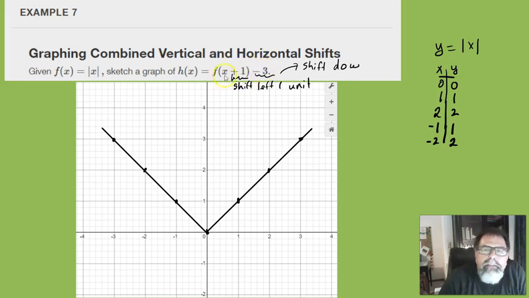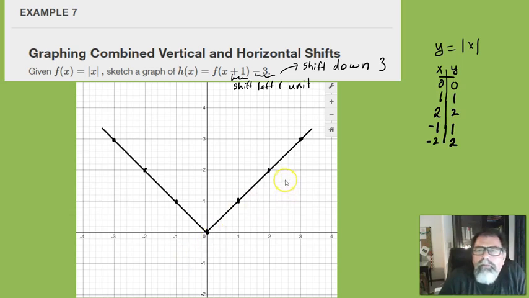So inside, it's acting on x, x is side to side. So that's the horizontal. So this would be left 1. This is outside, it's acting on the y, that's the way I think of it. So it's doing up-down shifts, and it does direct. So if it's -3, you go down 3. If it's +3, you go up 3. So we're going to take each of these points, and you can do it in either order. You're going to shift it 1 unit left and down 3.